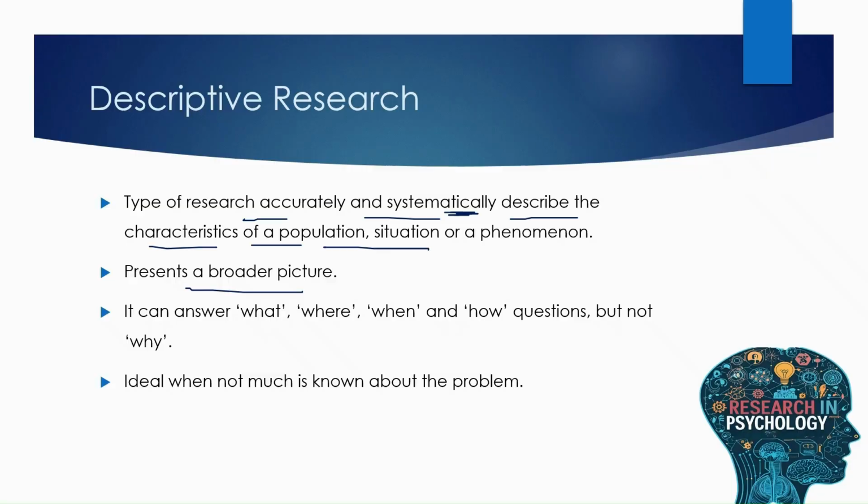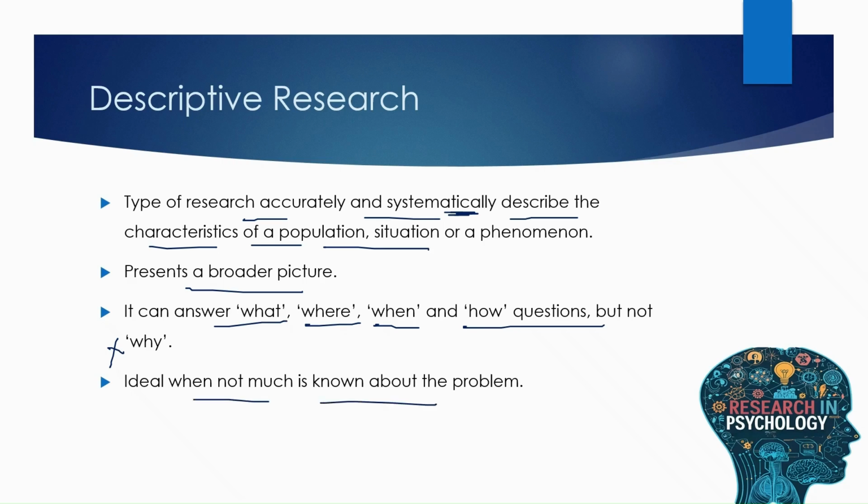Now, descriptive research can answer what, where, when, and how questions, but not why. It will tell you what is happening, where it is happening, when it is happening, or how it's happening or happened. But it will not tell why it is happening or why it happened. It's ideal when not much is known about the problem.